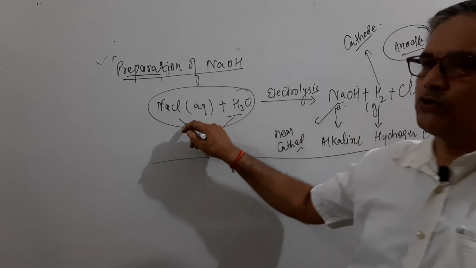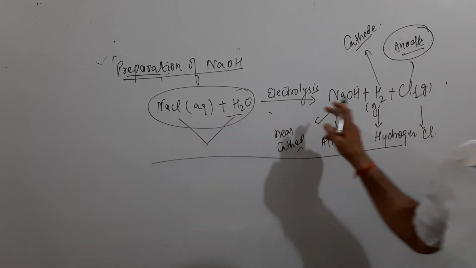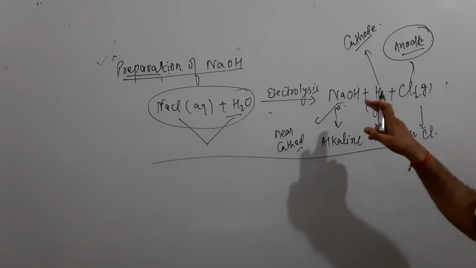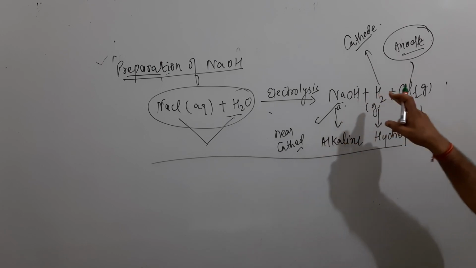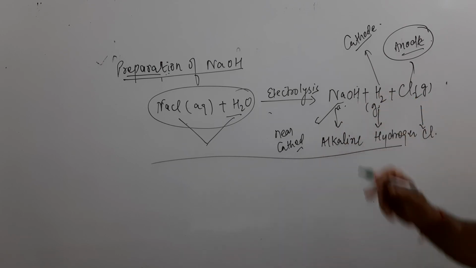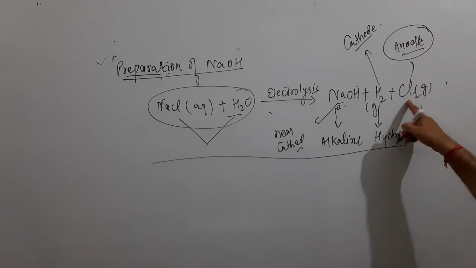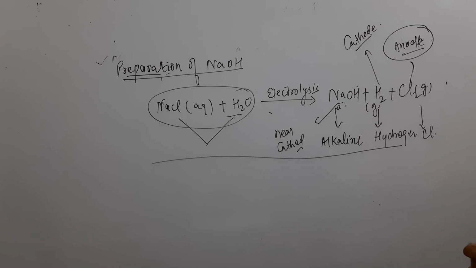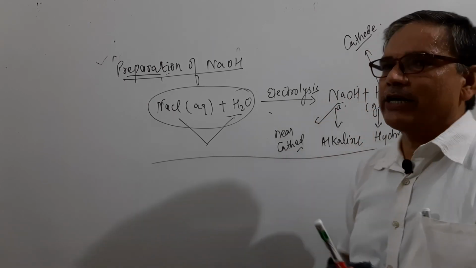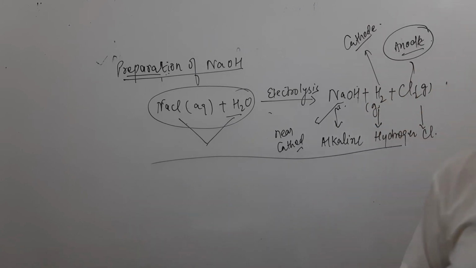जब हम ब्राइन सॉल्यूशन में इलेक्ट्रिक करंट पास करेंगे तो हमारे पास क्या क्या आएगा? NaOH आएगा, हाइड्रोजन आएगा और क्लोरीन गैस आएगी. The chlorine will be collected at the anode, hydrogen will be collected at the cathode, and NaOH, sodium hydroxide, is collected near the cathode.